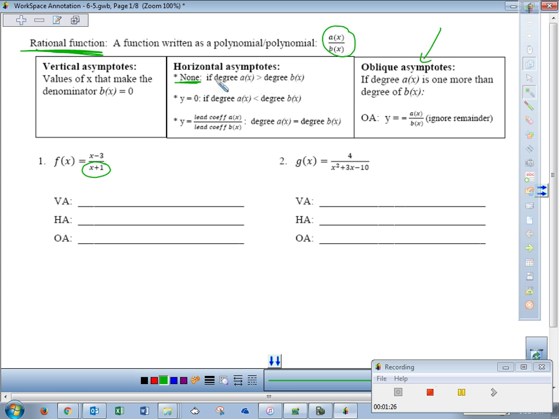We'll go through these one little thing at a time, but just to explain it: if the degree of the numerator is less than the degree of the denominator, then the horizontal asymptote will be at y equals 0. And if the degrees are equal to each other, then you've got to take the leading coefficients and divide them and write them as a fraction, and that's where it'll be. So complicated, we'll come back to it later.